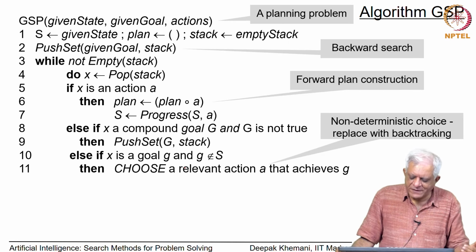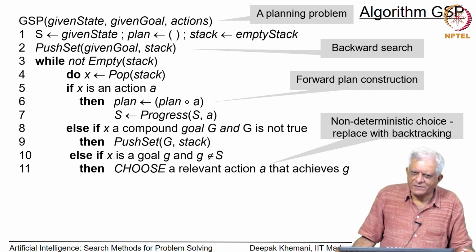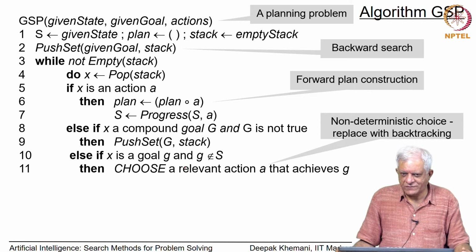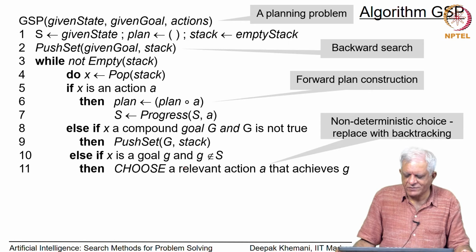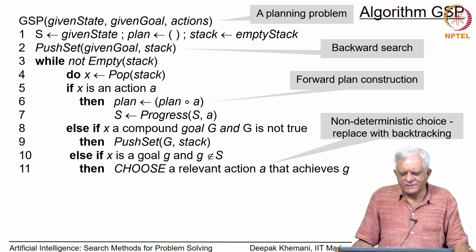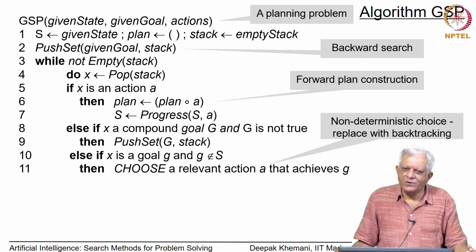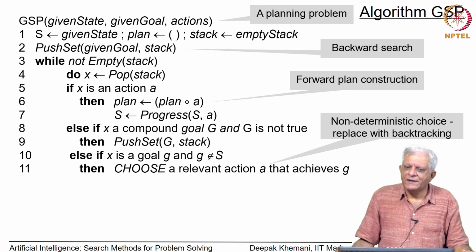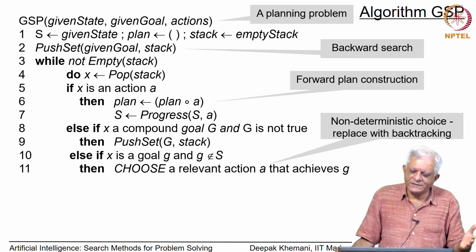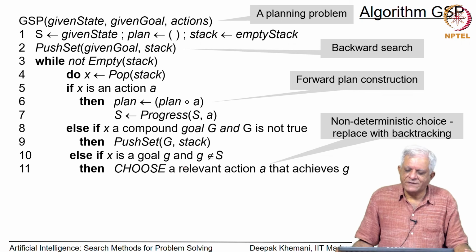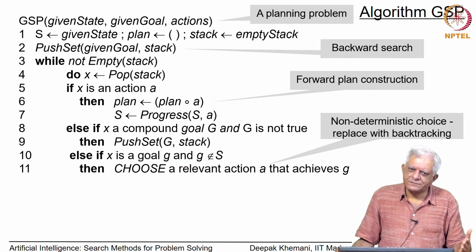So, in this algorithm I have written the word choose, and by this I mean that somehow you make a non-deterministic choice as to which of the 2 relevant actions to pick. So, for example, if the goal that you want to achieve is holding, let us say, block B, then holding B could be, in this world that we have defined, achieved either by picking up B from the table or unstacking B from something else essentially.